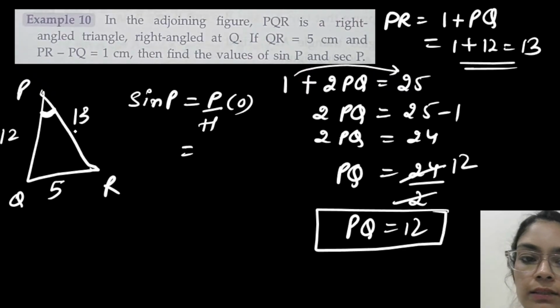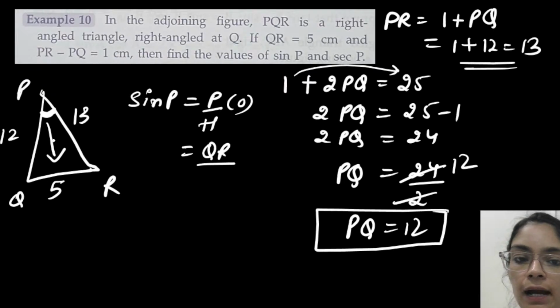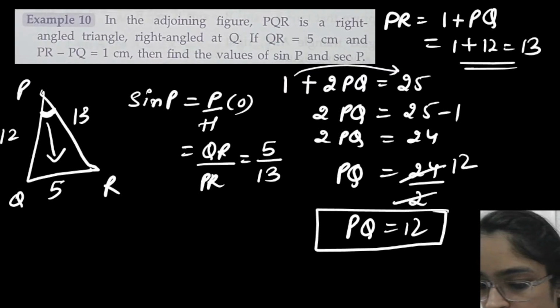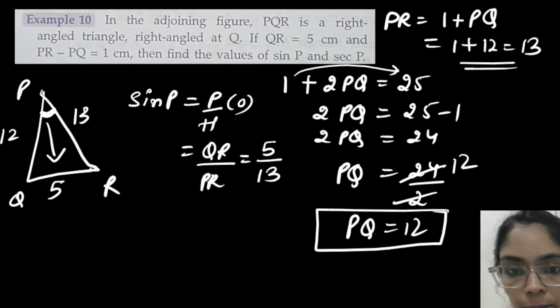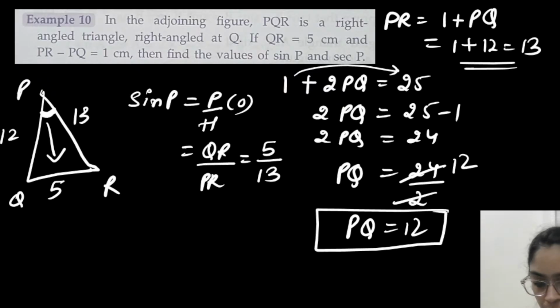Perpendicular is opposite. So the side opposite to angle P is QR, QR by hypotenuse. Hypotenuse of this triangle is PR. So QR's value is 5, PR's value is 13. So we found the value of sine P as 5 by 13.